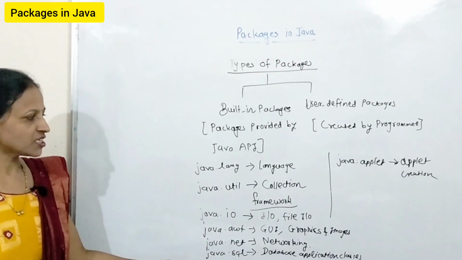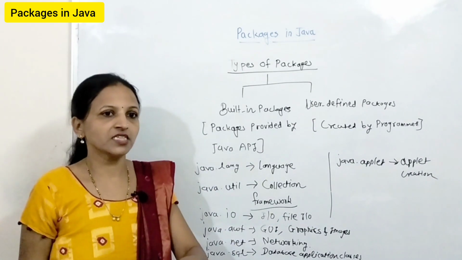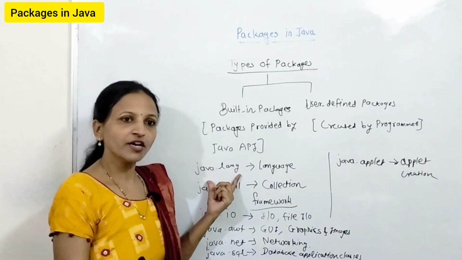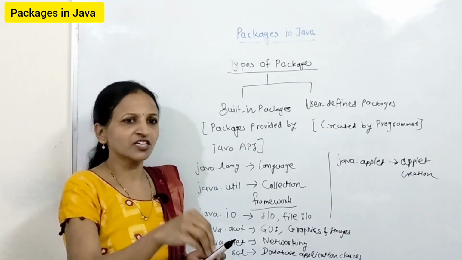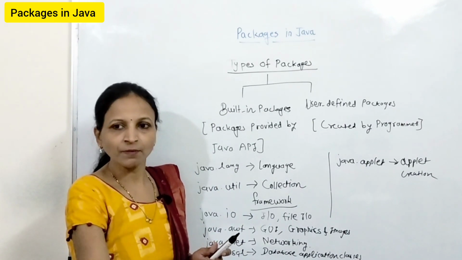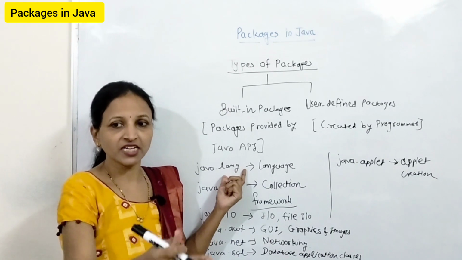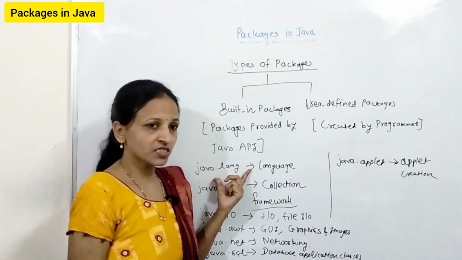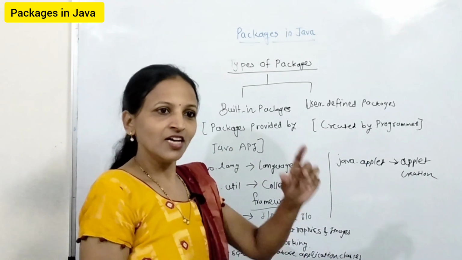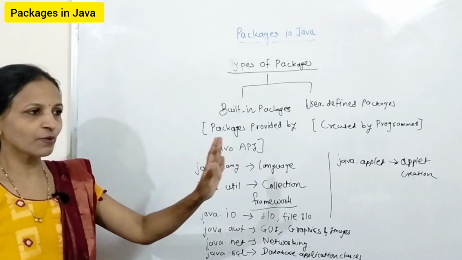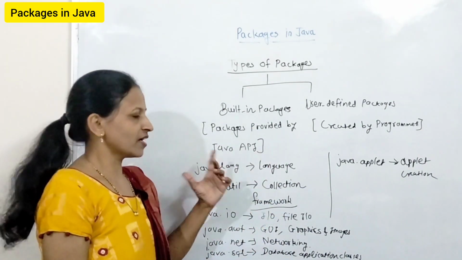Now there are multiple Java inbuilt packages, like java.lang, for whatever basic functionality your Java program needs; you can get that with the help of this java.lang package. There is no need to import this package explicitly. If you are creating any Java program, then by default it will be there.